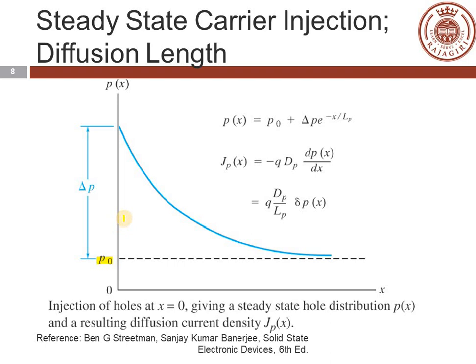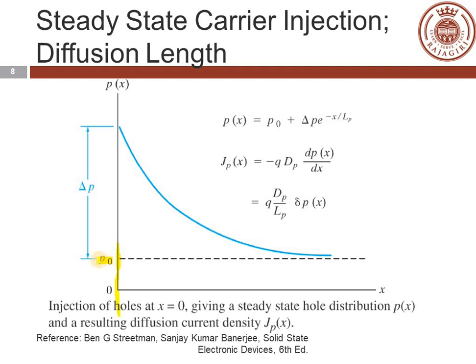Now to understand the significance of diffusion length, assume excess holes are somehow injected into a semi-infinite semiconductor bar at x equal to 0, and steady state hole injection maintains a constant excess hole concentration at the injection point, which is capital delta P. We are somehow injecting excess holes at the x equal to 0 point.